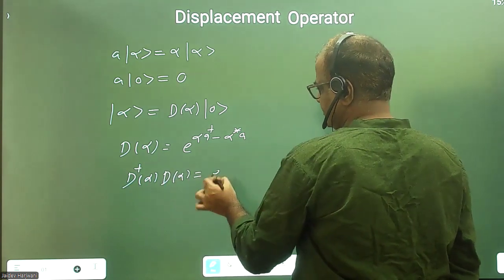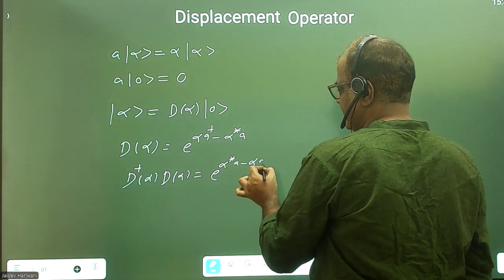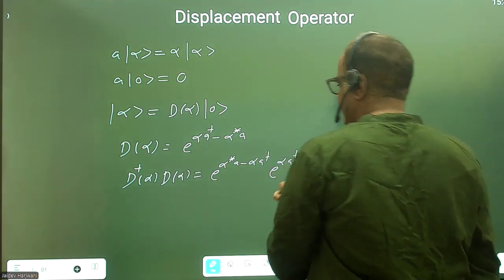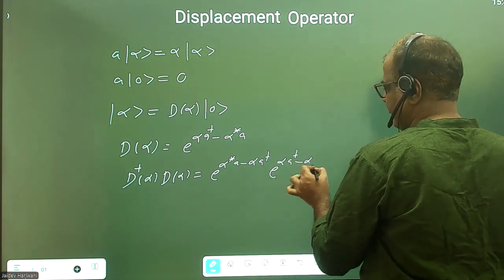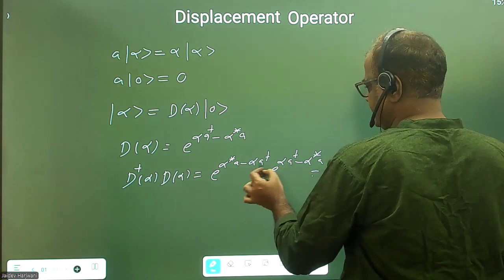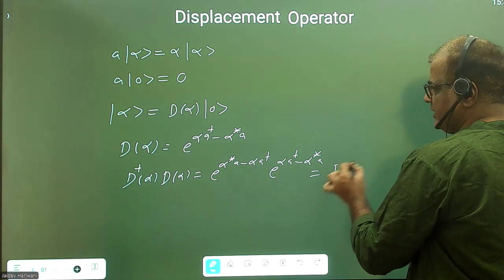This will come as e power alpha star a minus alpha a dagger, and you have e power alpha a dagger minus alpha star a. So this cancels out, e power 0, so this is your identity.